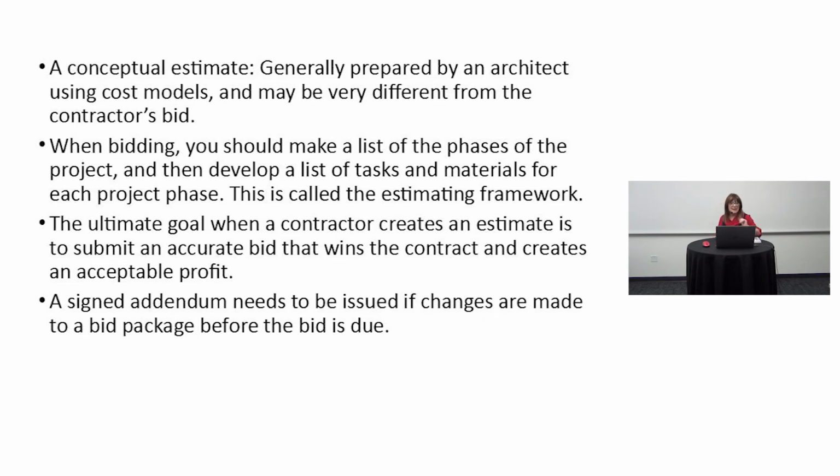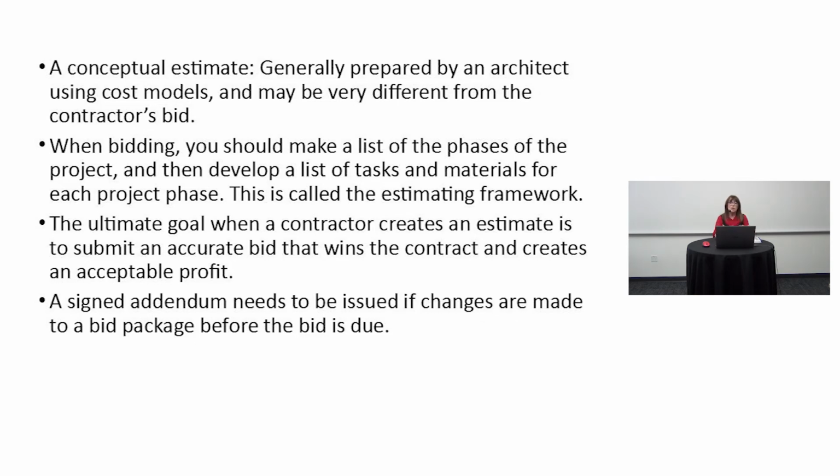Next, when bidding, you should make a list of the phases of the project. Then develop a list of tasks and materials for each project phase. This is called your estimating framework. This is how you lay out your bid. The ultimate goal when a contractor creates an estimate is to submit an accurate bid that wins the contract and creates an acceptable profit.